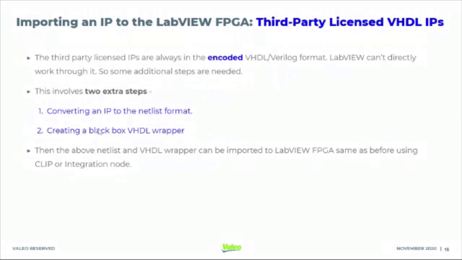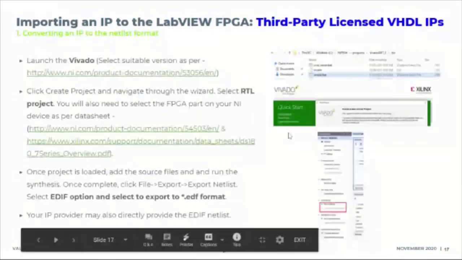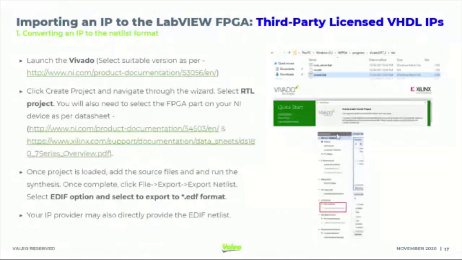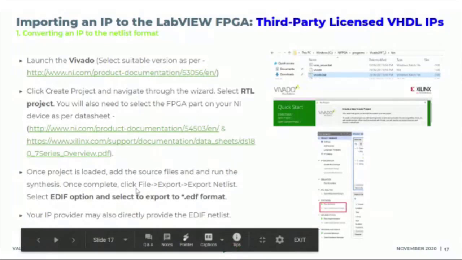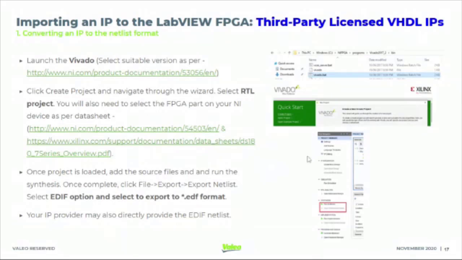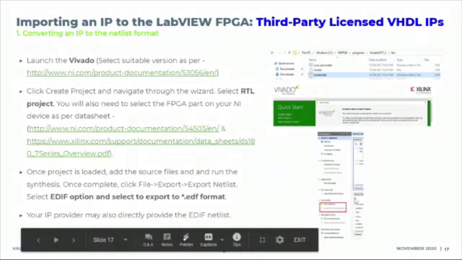After opening, it asks you for some settings and configurations. It asks you to select the type of your FPGA, its part number. More details about your particular device can be found here. After you put that part number there, you need to run the synthesis, taking those encoded files you received from your vendor, and then export the output as an EDF netlist format.